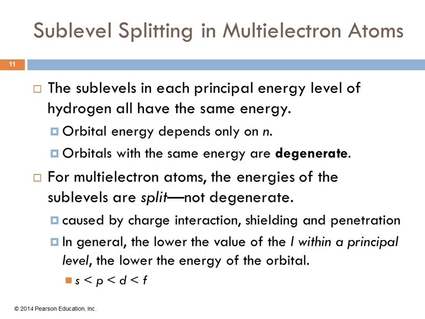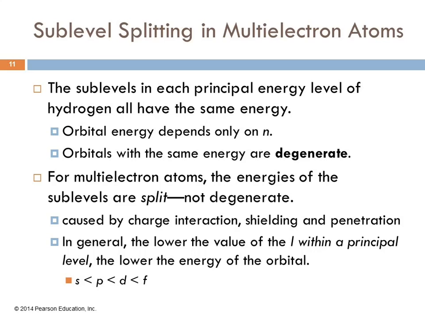Hydrogen is nice and simple. In the sublevels of hydrogen, all the sublevels in a principal energy level, remember the principal energy is like the floor in the hotel. All the rooms on the same floor have the same price, the same amount of energy. So on the second floor where there's s orbitals and p orbitals, they're all the same price. That's only true in hydrogen.